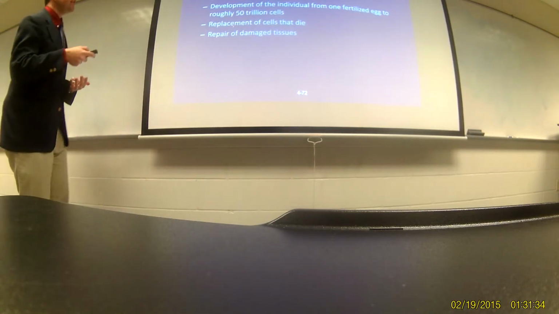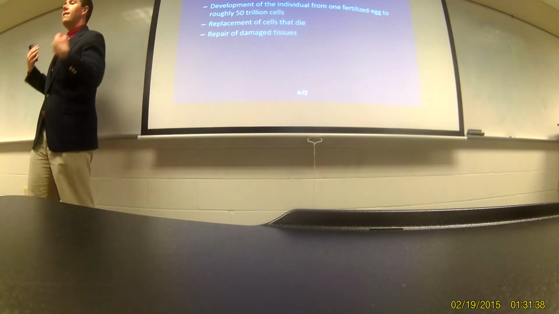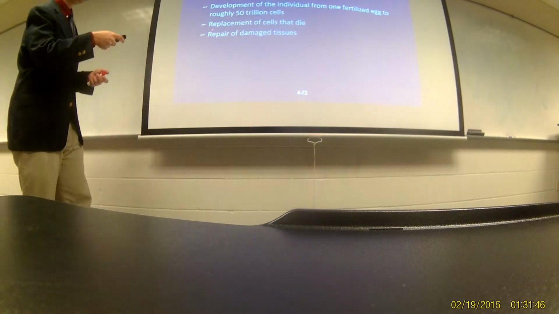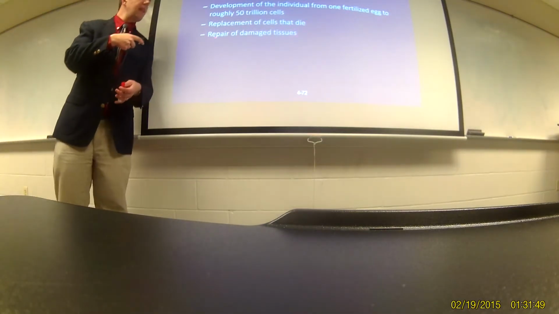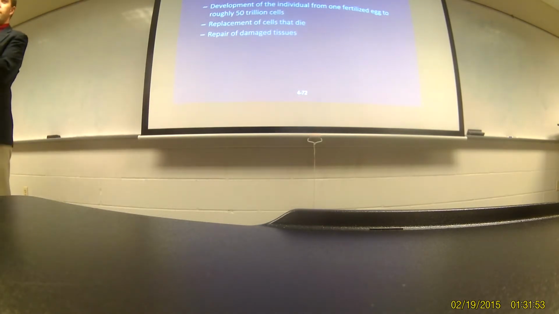We use mitosis to replace cells that die. Our cells are constantly dying, so for every one that dies, one has to divide to make a new one. This goes along also with damaged tissue. If I have a wound in my skin, the skin cells around it are going to have to divide to make new cells to fill in that hole.